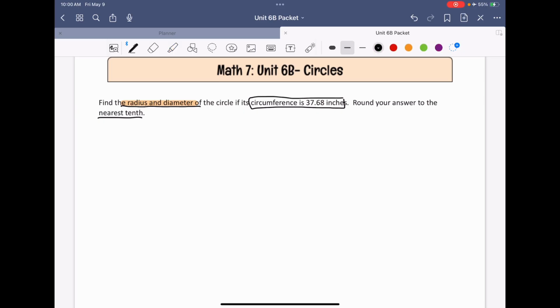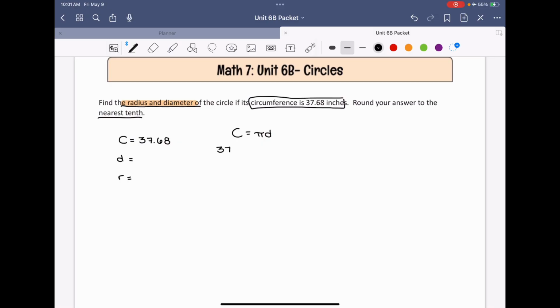Okay, so it's giving me the circumference, so I know that circumference equals pi times diameter. So I have circumference, I have diameter, and I have radius. They tell me that the circumference is 37.68. They're asking me for both diameter and radius. I need to find the diameter first to find the radius. So let's go ahead and plug this in.